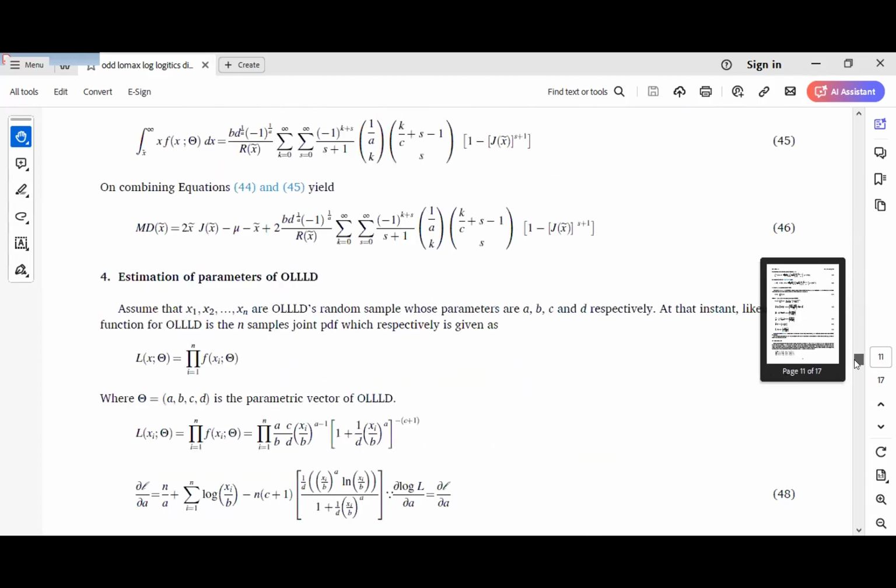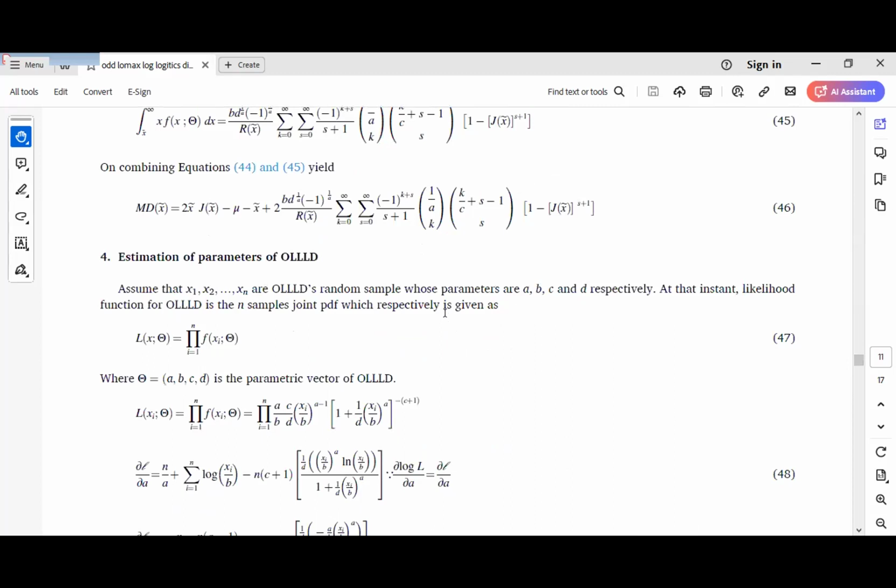This is the likelihood, but not the log likelihood. Okay, it's very easy to find the log likelihood if we have the likelihood. We just take the natural logarithm of the likelihood.